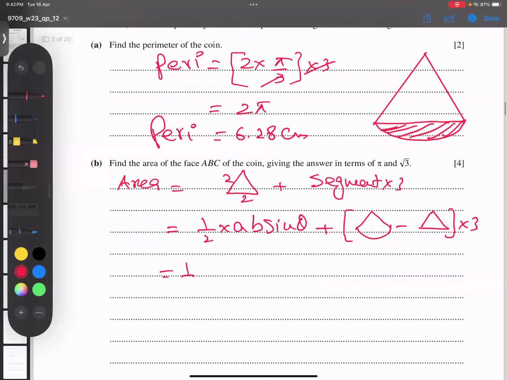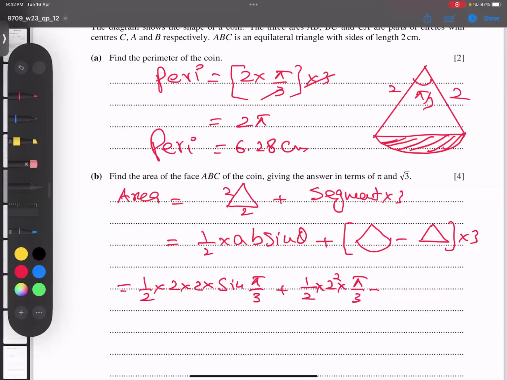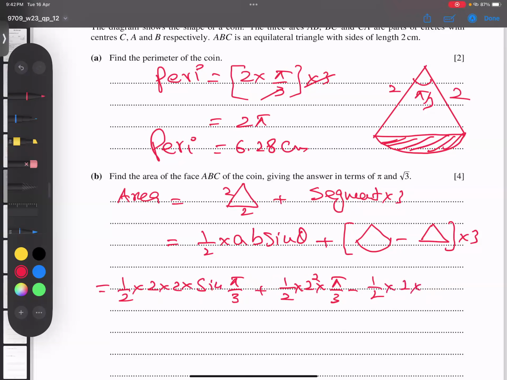So I'm going to plug in the numbers. A is 2, B is 2, theta is pi by 3. And for the sector, the radius is 2, and the angle is again pi by 3. The formula for the sector is half r squared theta. And the triangle area uses the same formula once again: half into A into B into sine theta.